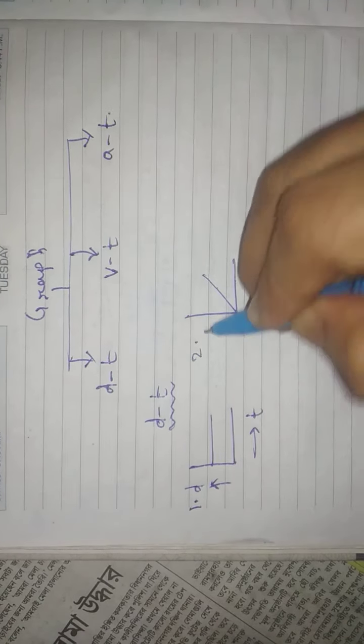Number three, the graph can be like this also. In y-axis there is distance, x-axis we have time, and the graph can also be like this. This is graph number 4, distance, time, this, and this.